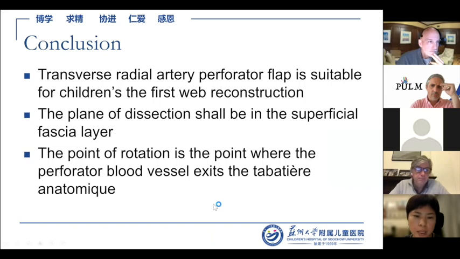The plane of dissection shall be in the superficial fascial layer, because we should protect the dorsal vein. The point of rotation is the point where the perforating blood vessel exits the tabatière anatomique. It's the perforator.